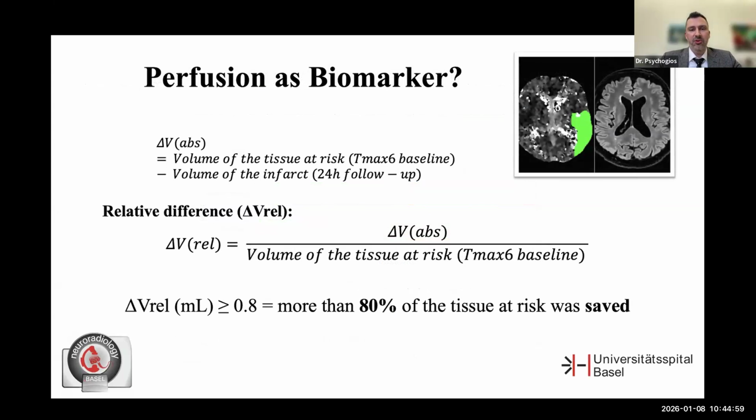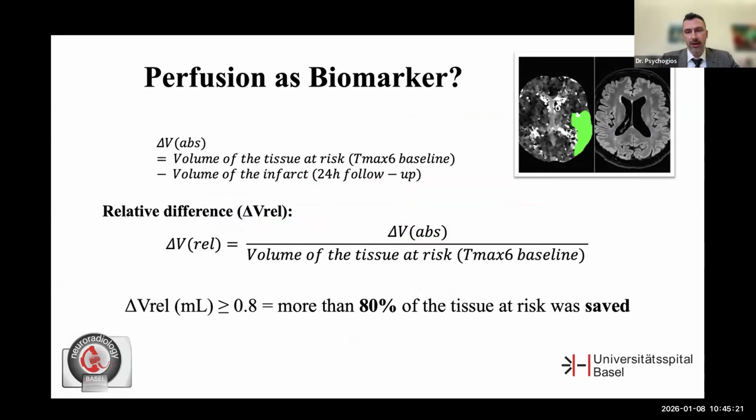What about using perfusion as a biomarker, right? So when we were preparing the DISTAL trial, I was thinking as a neuroradiologist that maybe the clinical outcome won't be different because the mRS is a crude score, etc. We all know these discussions. And how about we try to use an imaging biomarker, right?